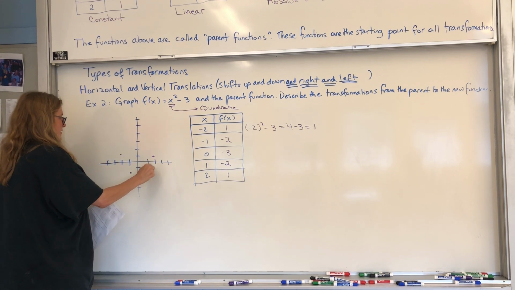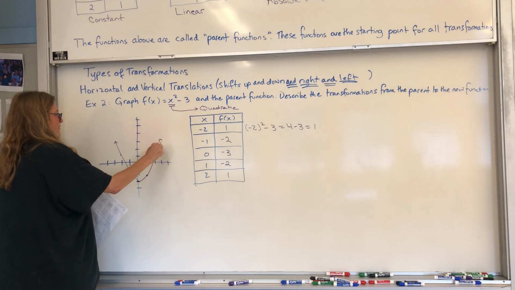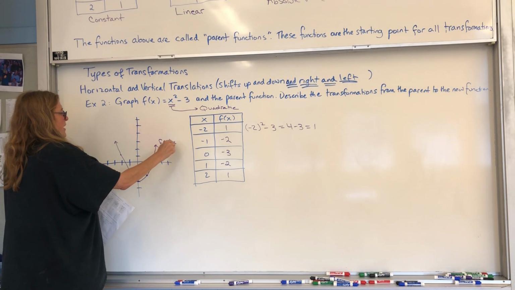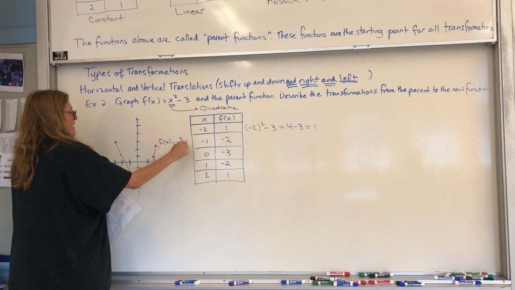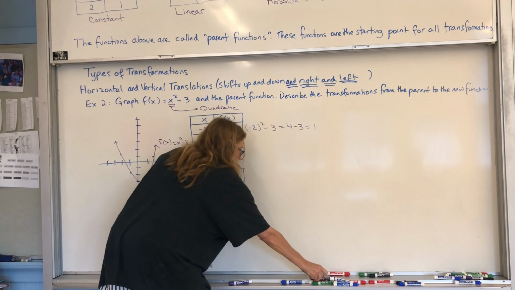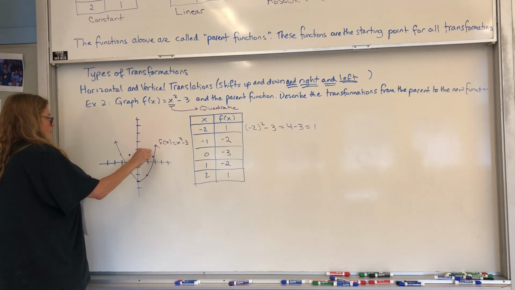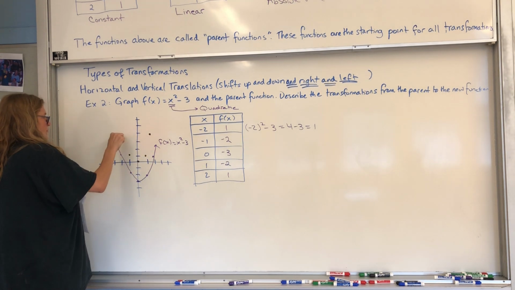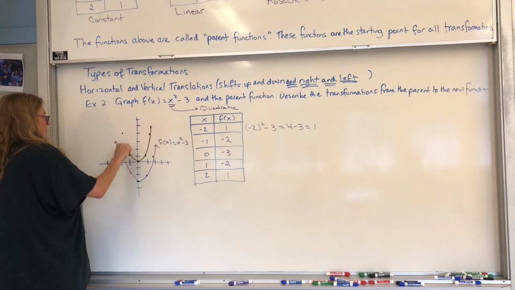So this is my graph, f of x equals x squared minus 3. And then you already have the parent graph, so I'm just going to sketch it real fast. This is what the parent graph looks like. So let's compare these two graphs.